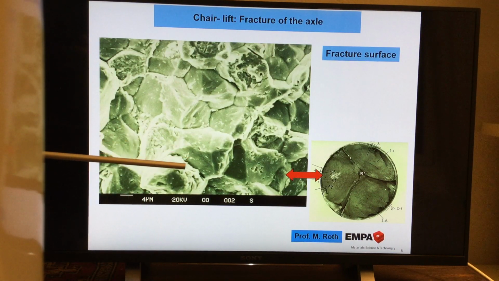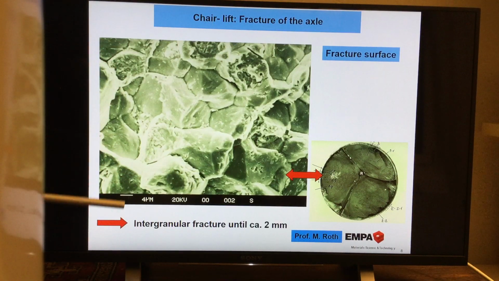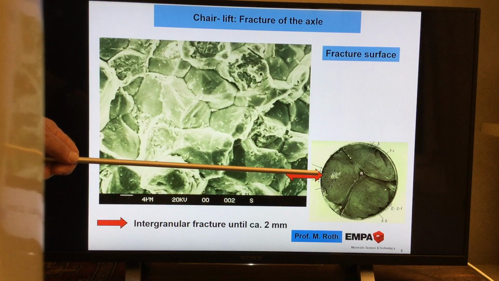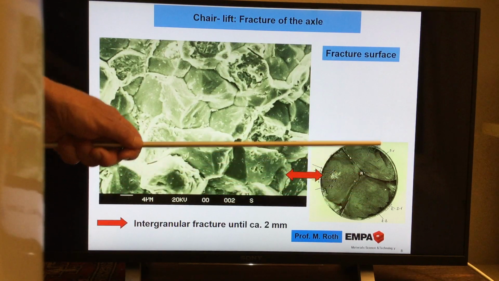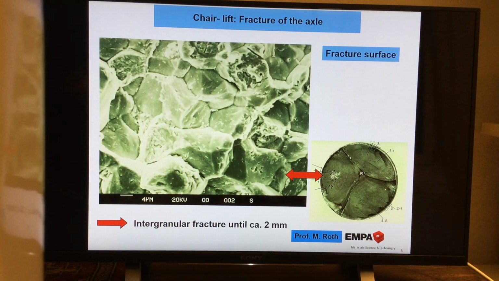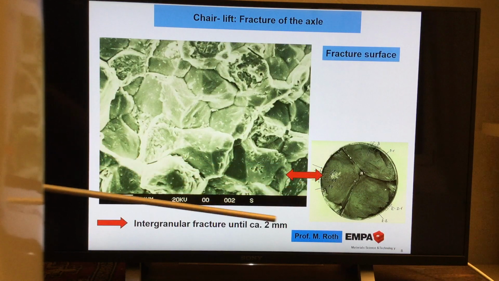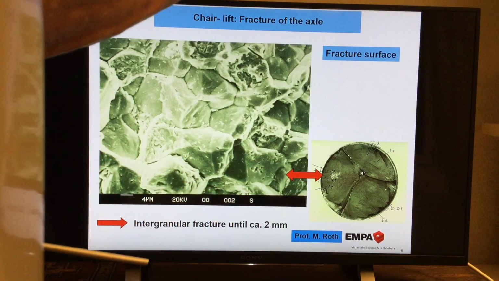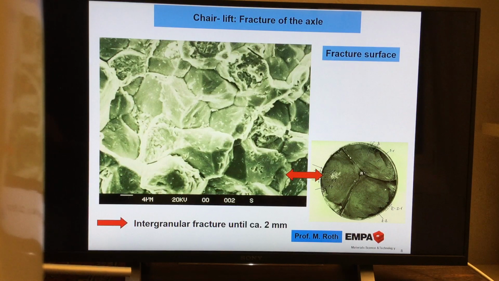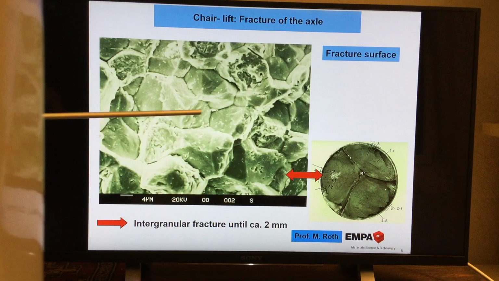However, I can tell you this kind of feature, this intergranular structure, was only until a depth of about 2 millimeters here inside at all of the three fatigue cracks, fatigue surfaces. Then the crack transferred to transgranular growing. So we keep in mind there is something very special going on at the outside, at the start of that crack, and it's an intergranular fracture.